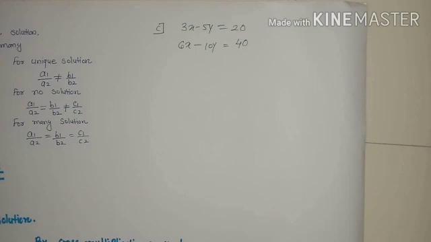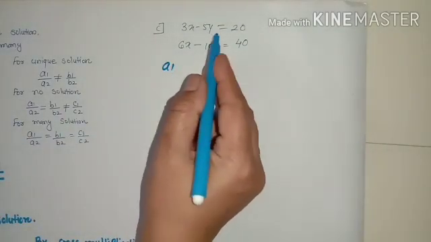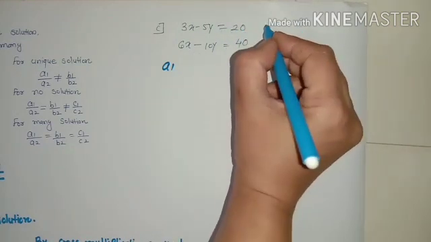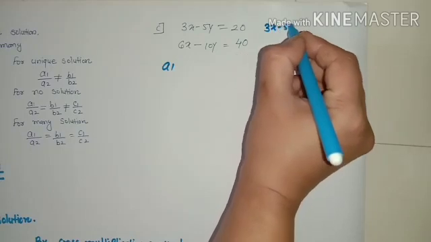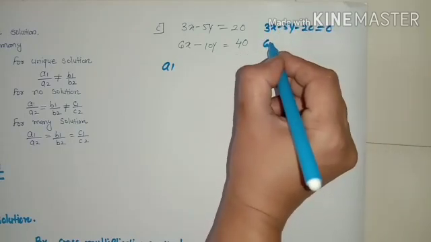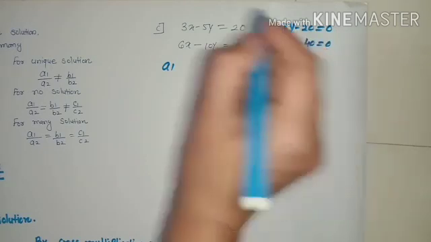Third part is 3x minus 5y equal 20, 6x minus 10y equal 40. Again, first we will convert this equation into standard form. Then we will get 3x minus 5y minus 20 equals 0, 6x minus 10y minus 40 equal 0.